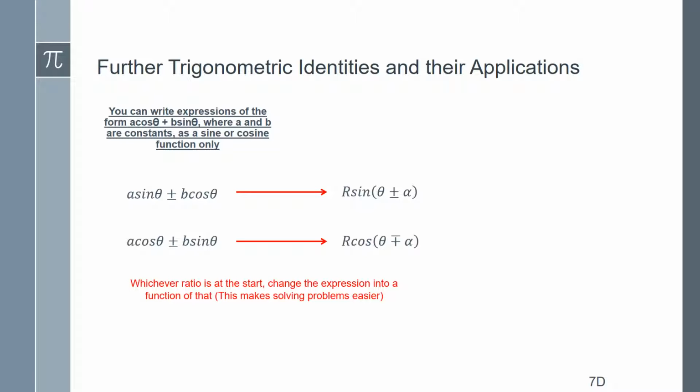So if sine is first, turn it into a sine expression. If cos is first, turn it into a cos expression. Remember to get the plus and minus signs the correct way around. So pay careful attention to the order of the signs.